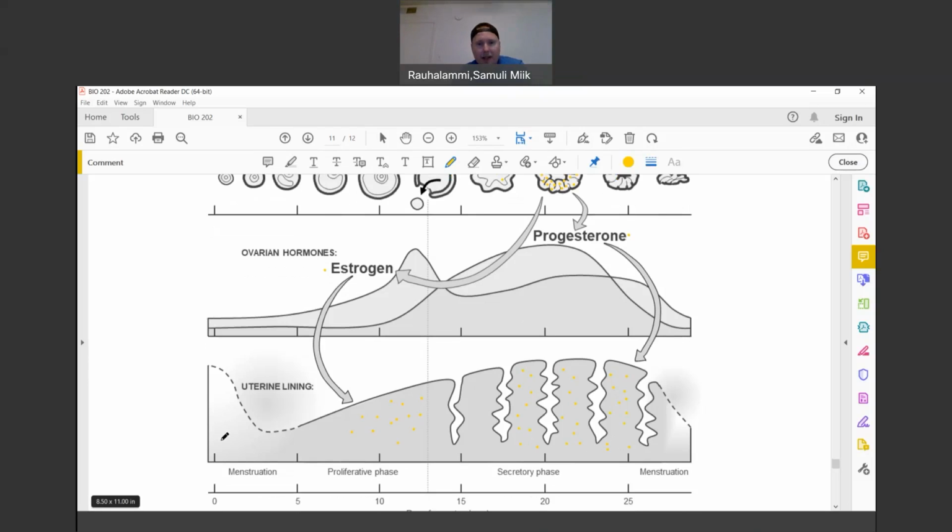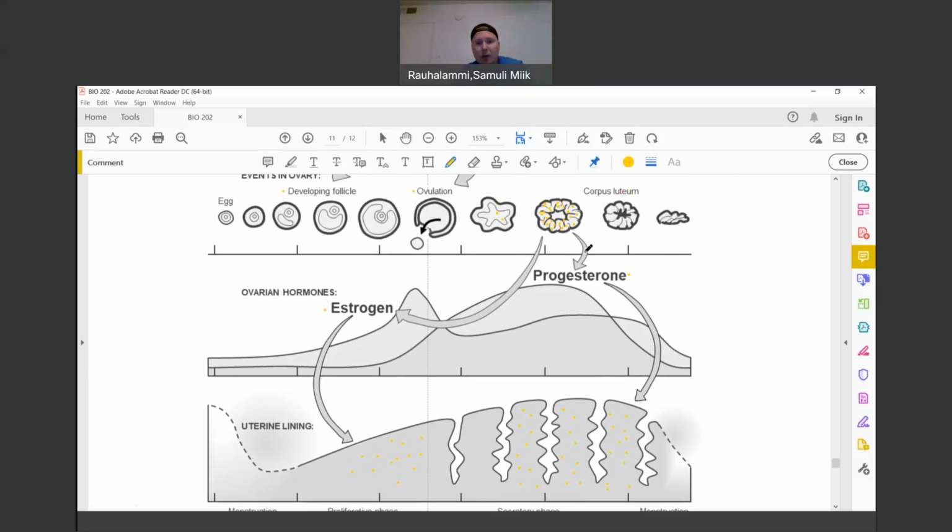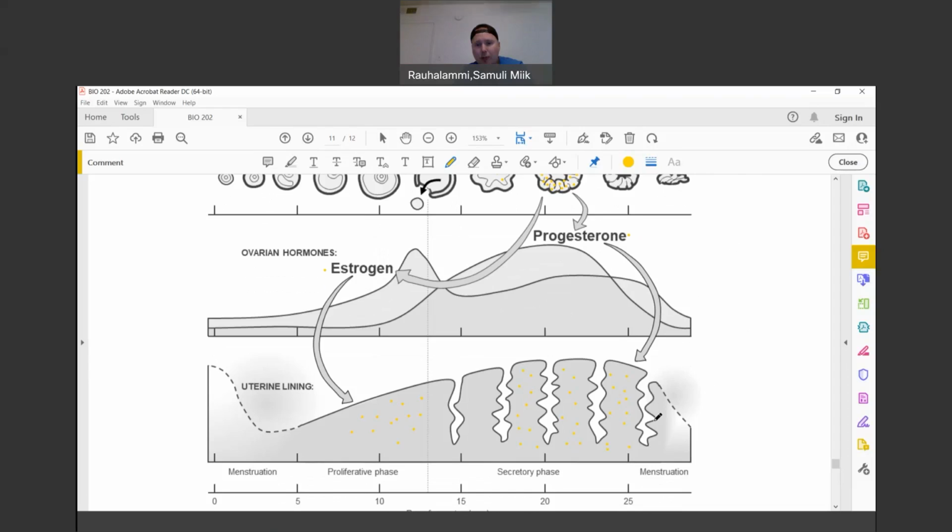If there was a pregnancy, these hormones get secreted and the uterine wall lining keeps remaining, getting nice, thick, vascular, glandular for the baby to develop there. If there is no pregnancy, then the corpus luteum degenerates, these hormones get stopped from being secreted, and the menstrual bleeding happens at the end of the cycle and beginning of a new cycle. So we're shedding away that lining that no longer is needed or useful.